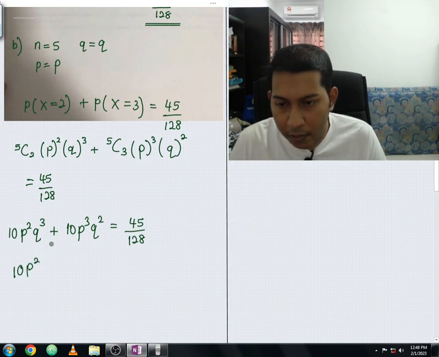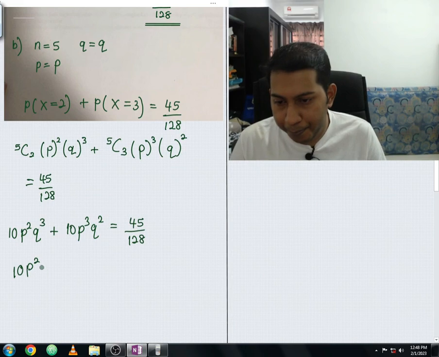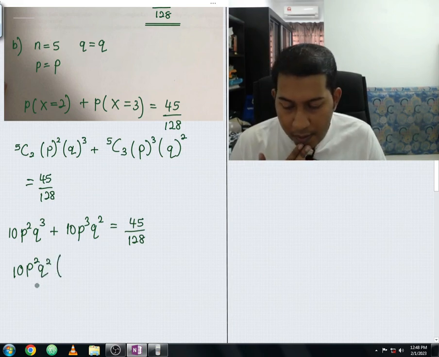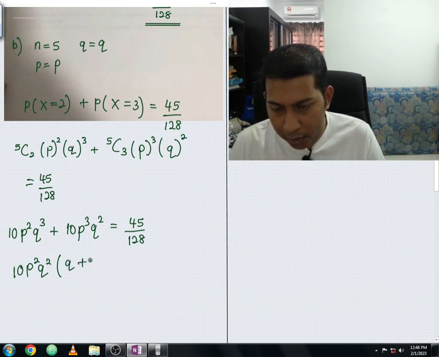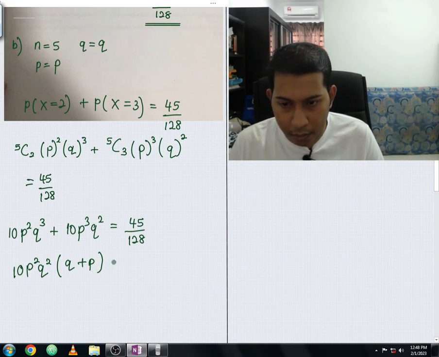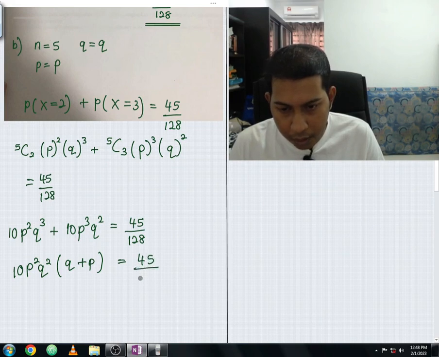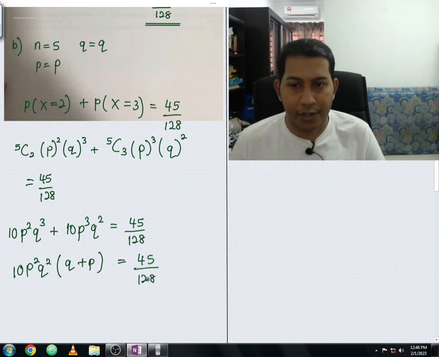And then we factor out the lowest power for q, which is q squared. So you're only left with q plus p, which equals 45 over 128.